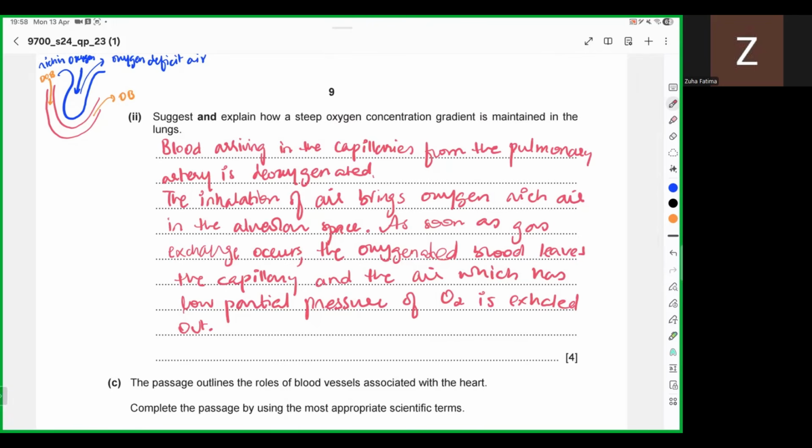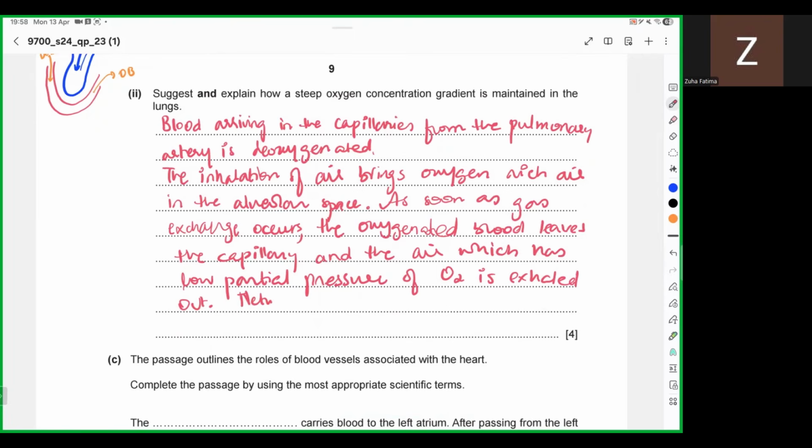We can also talk about the large network of capillaries surrounding the alveoli, increasing the surface area for gas exchange to take place. And this way, the alveolar ventilation, the continuous blood flow, and the network of capillaries surrounding the alveoli collectively maintain a steep oxygen concentration gradient for gas exchange.